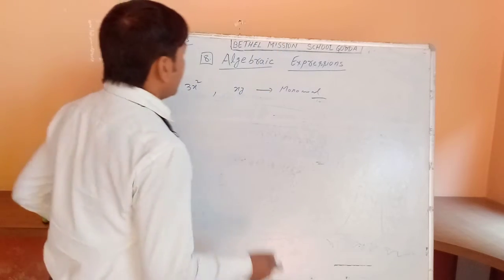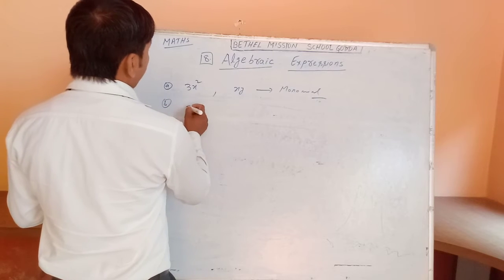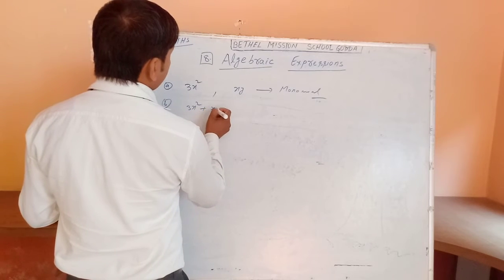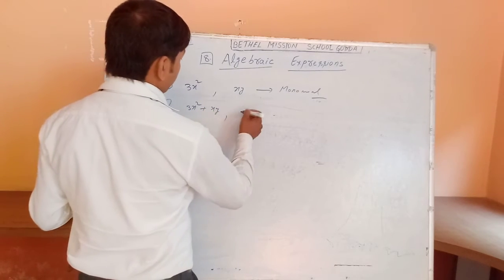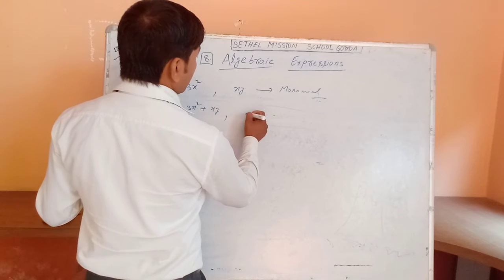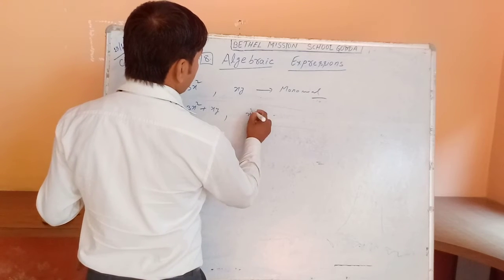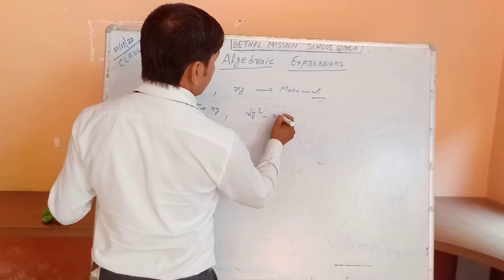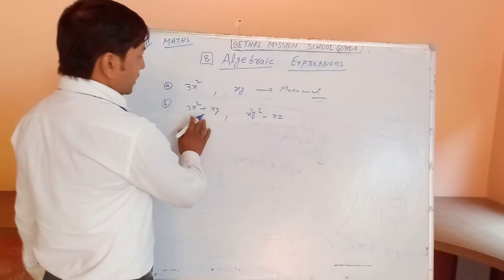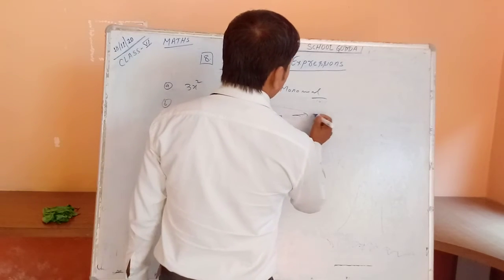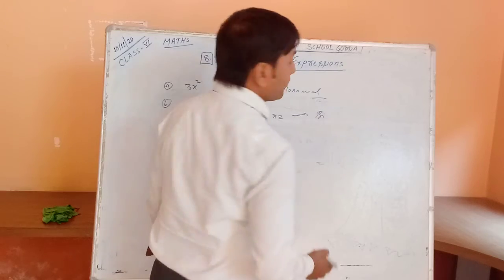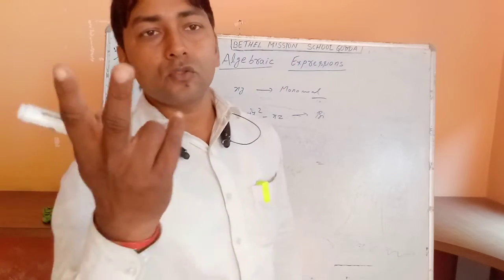And when it contains two terms, 1, 2, this is called binomial. Why? Mono means one, bi means two.